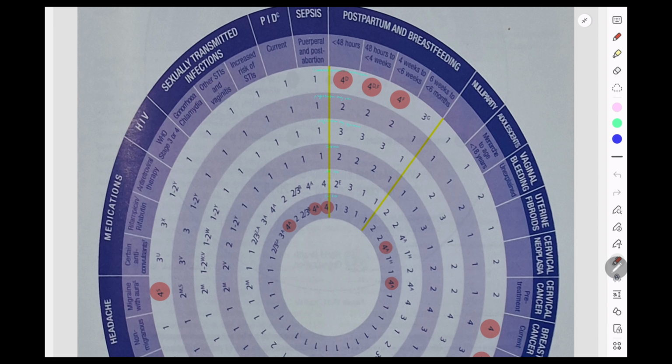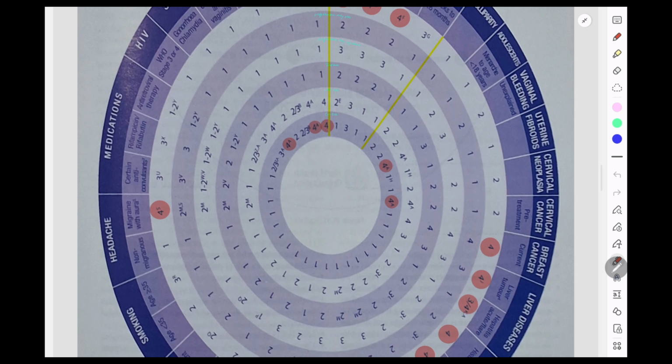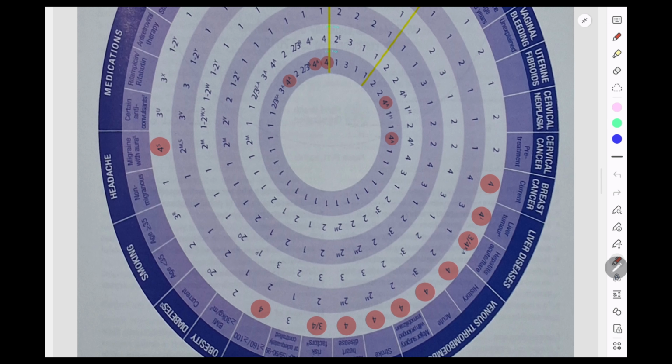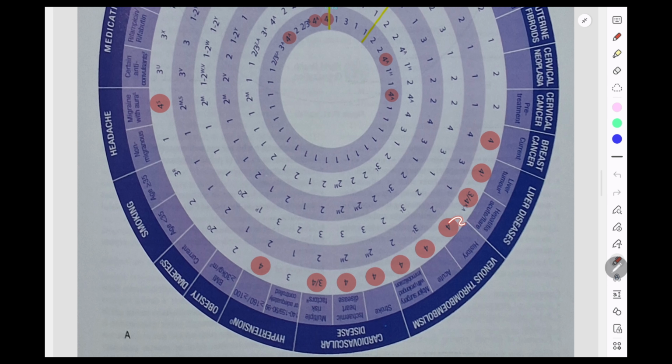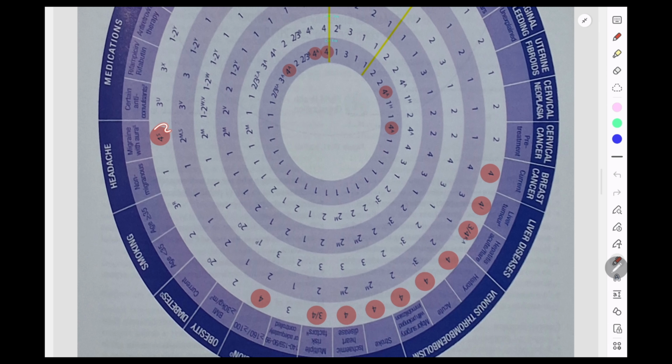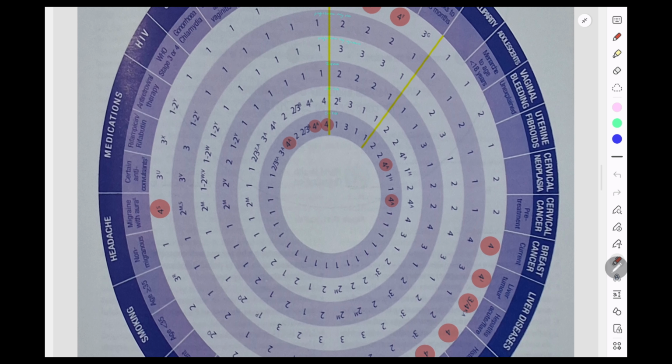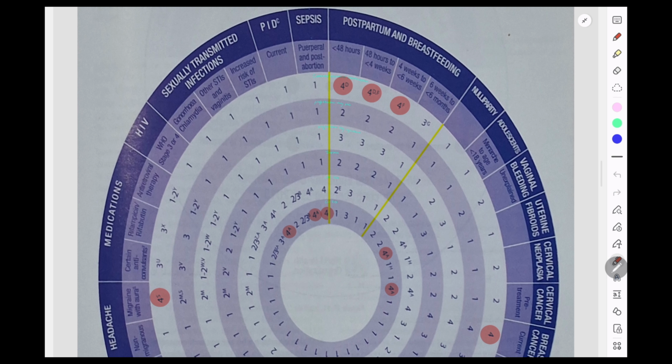Seeing this wheel only you can tell where combined hormonal contraceptives are contraindicated: in postpartum period, breast cancer, liver tumors, venous thrombosis, ischemic heart disease and migraine with aura. So this wheel is very important, and from it you can tell which contraceptive is best for given conditions.